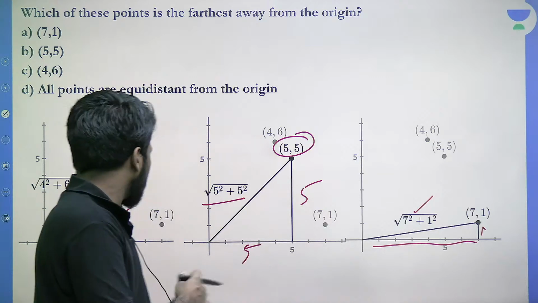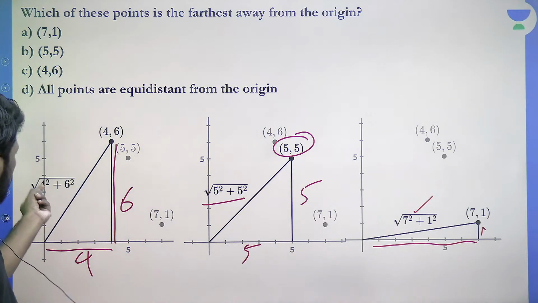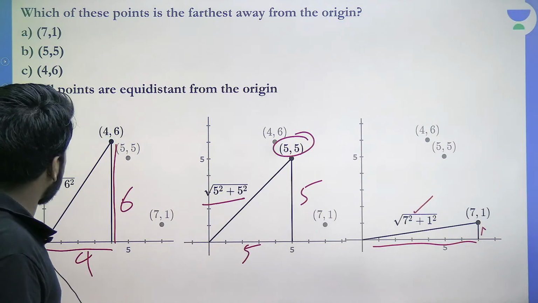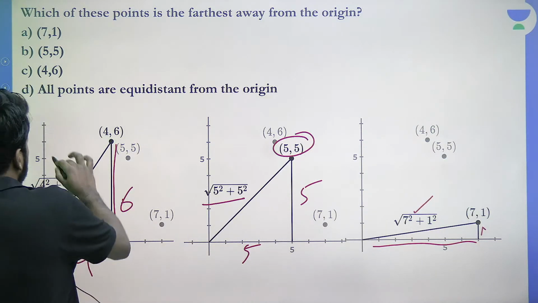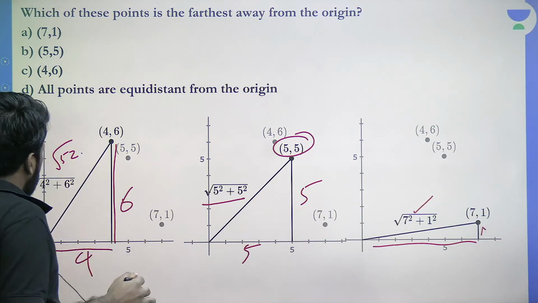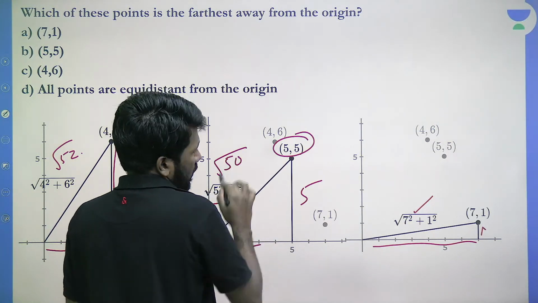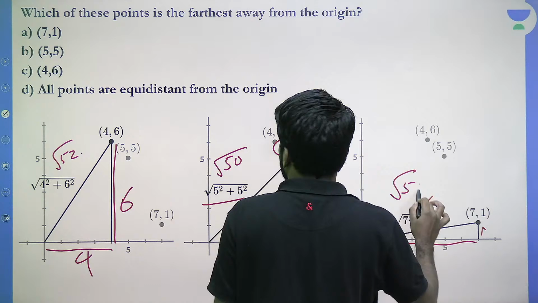And when you calculate those three values, what will you get? 4 squared plus 6 squared is what? 16 plus 36, 52, square root of 52. And this is 25 plus 25, square root of 50. And this is square root of 50.